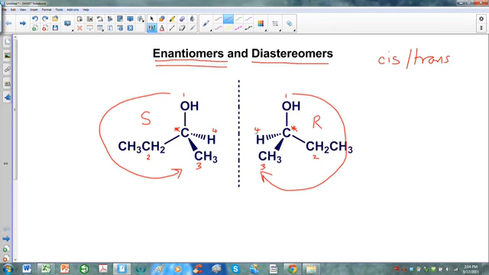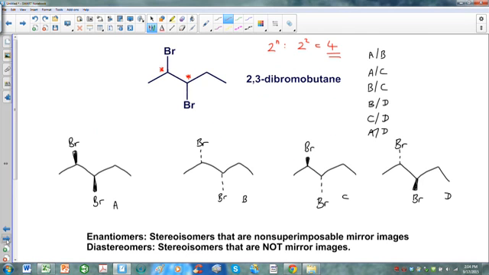In this case you only have one stereocenter, but the principle is still true here. If you flip this one on its back, you'll see it's the mirror image of this. But if you put this on top of here, they don't match up because the wedges don't match up with the dashes. The stereochemistries at both these carbons are exactly opposite between A and B. Therefore, that means A and B are enantiomers.